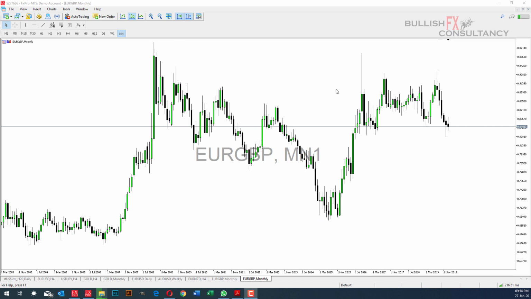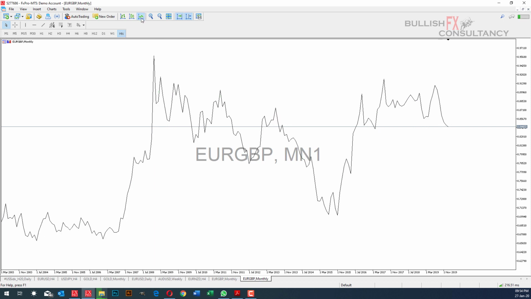Right now we are on our EURGBP monthly chart. Now I'm going to switch to a line graph. Remember this, guys, those in the mentorship, you remember what I'm talking about. Now we need to focus on the peaks and the valleys.